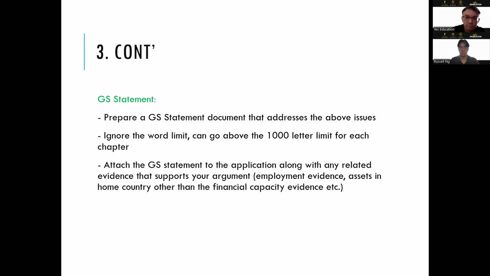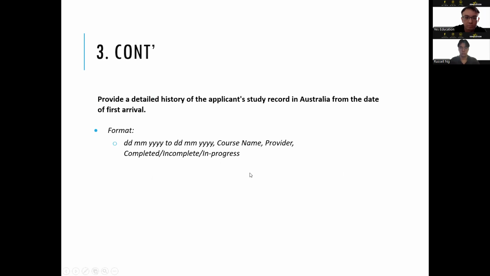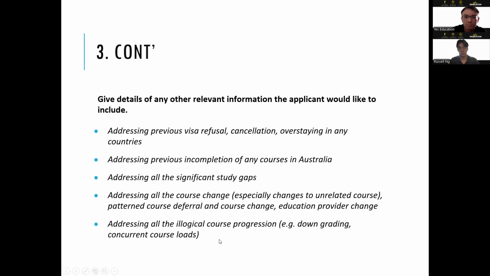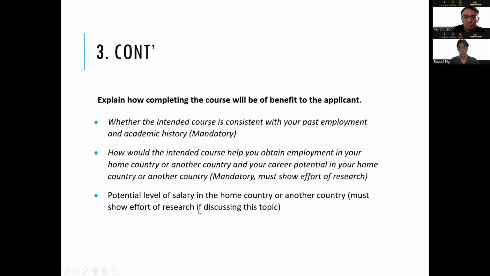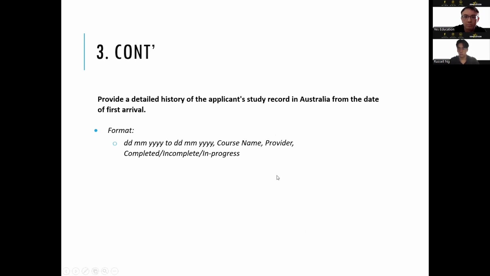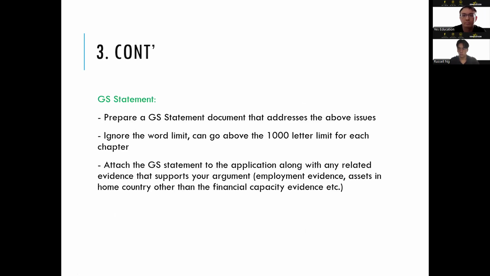And then we have encountered several times showing the effort of research. What is the effort of research? There could be a couple of things that can show the effort of research.